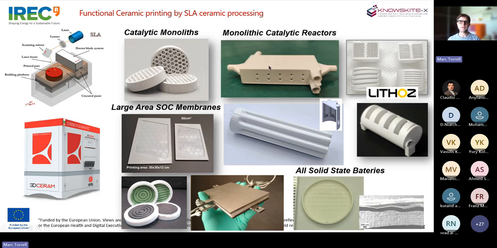We can also print monolithic reactors themselves, where we can put any feature that we desire for the heating, cooling, temperature control. As you can see here, different channels, different holes for adapting our catalytic reactor to any requirement of the specific reaction, but also large area electrolytes, large area solid oxide cell membranes with complex designs, tubulars for solid oxide cells with complex design, but also for membrane catalytic reactors, other monolithic devices.